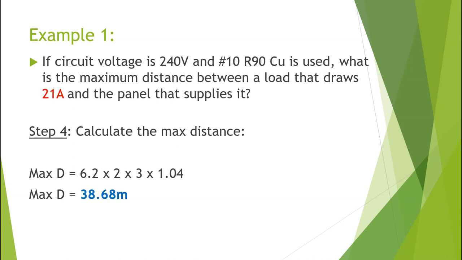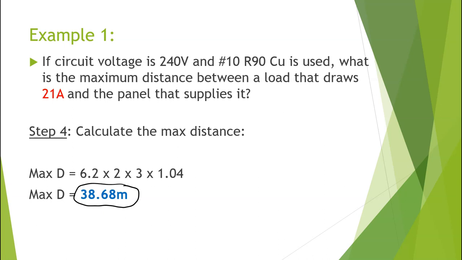And so I take my 6.2 from table D3, I multiply it by my voltage drop multiplier and my voltage multiplier respectively, and then I also multiply it by my DCF, and I end up with a grand total distance that I can have between my load and my panel of 38.68 meters. And as mentioned before, another way of thinking about this is that this number now represents the maximum length of cable that I could run between the panel and the load, for example.